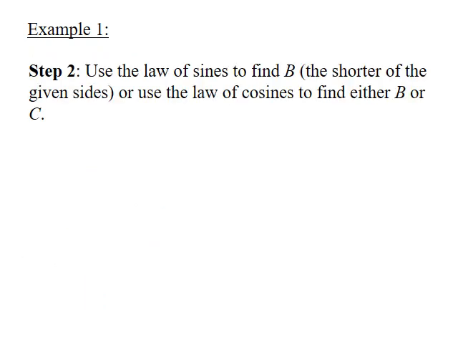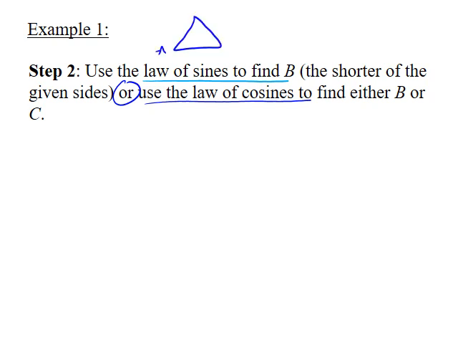So the next step here is to either use the law of sines to find angle B, because angle B is smaller than angle C, as just explained, or we can use the law of cosines and we can find either A or B. So it's really up to you which approach to take.